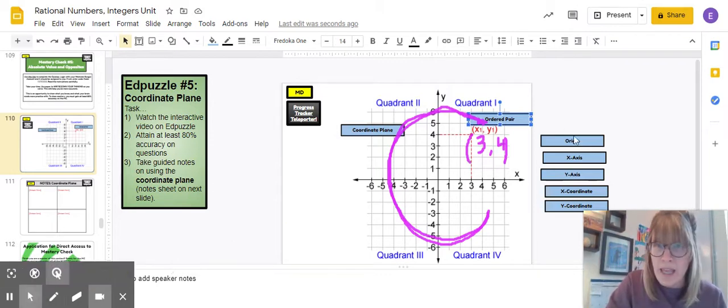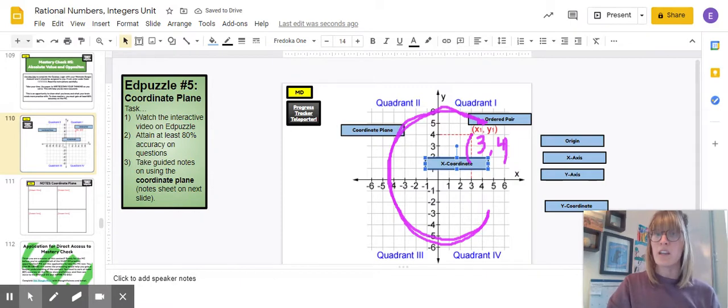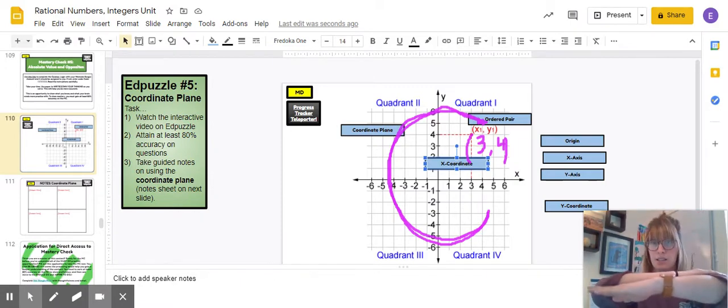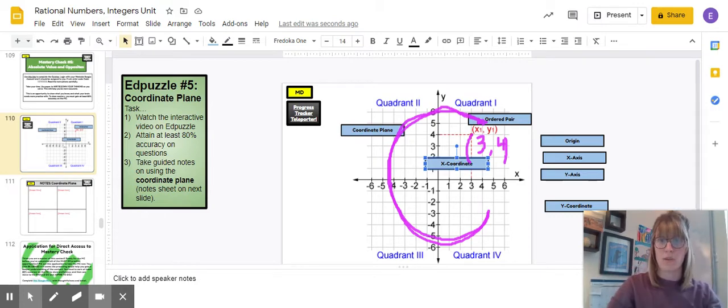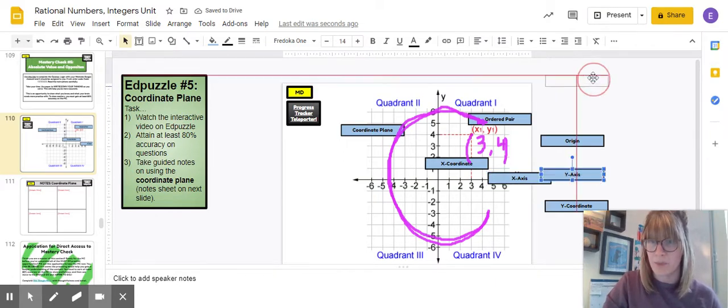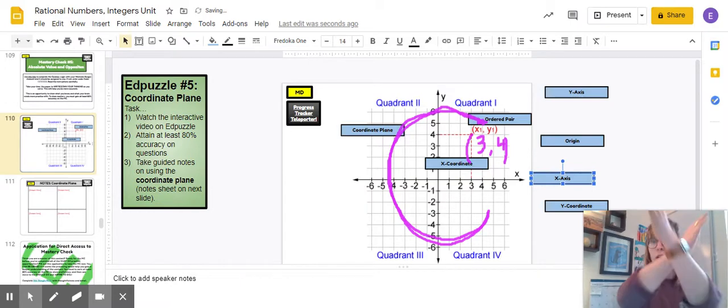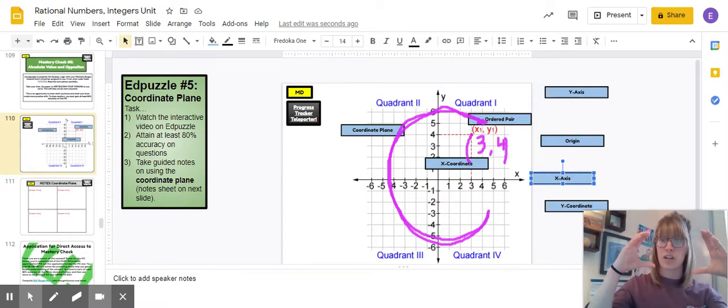When we organize them, the x coordinate comes first. In this case, that is the 3. You must walk over on the x-axis. That's this line here. The x-axis creates the x coordinate.